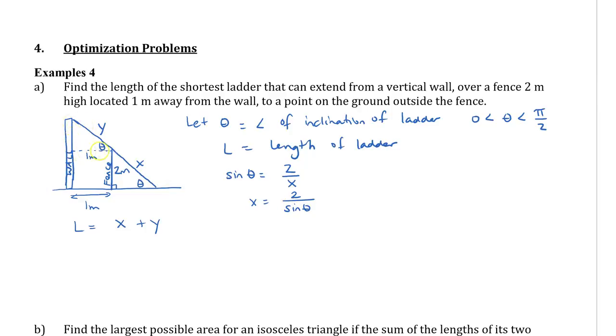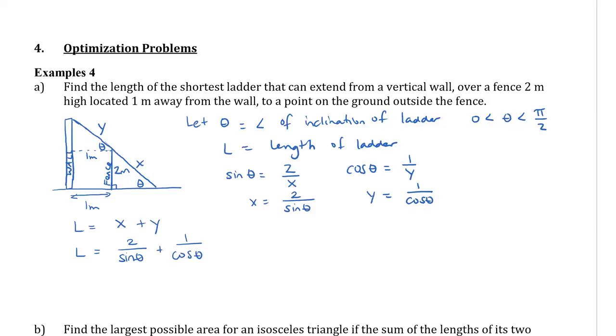Using this upper triangle up here, where we have y, theta, and 1, we have cos theta is equal to 1 divided by y. So therefore, y is equal to 1 divided by cos theta. All right, so plugging these two expressions in for x and y here, I have L is equal to 2 divided by sine theta plus 1 divided by cos theta.